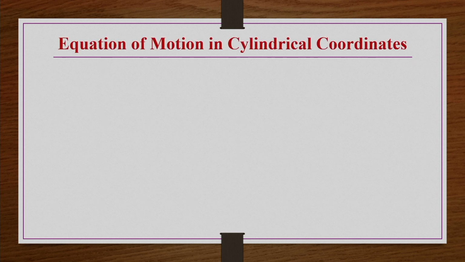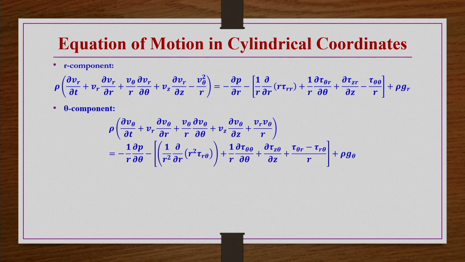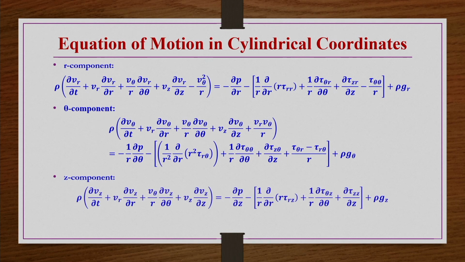Okay. Then the same momentum equations, if you do the derivation in cylindrical coordinate systems, or take the momentum equation we just derived in rectangular coordinates and apply a transformation to get the cylindrical coordinate equation, you will get the following equations. The r component of the momentum equation is given by this one, the theta component is given by this one, and the z component is given by this equation.